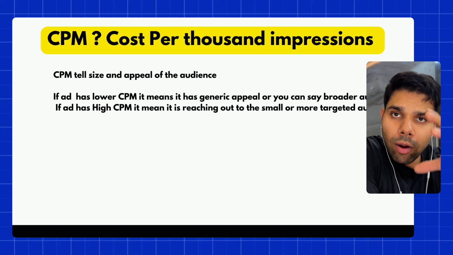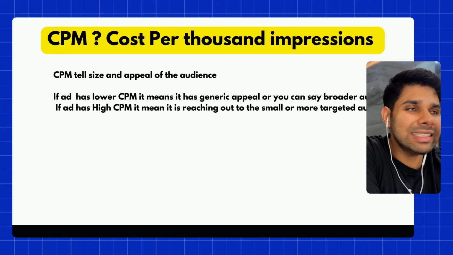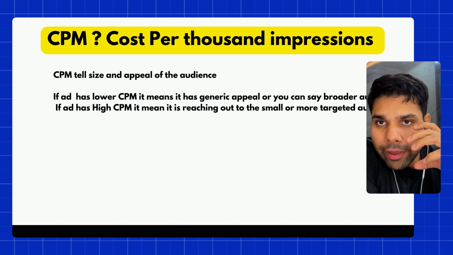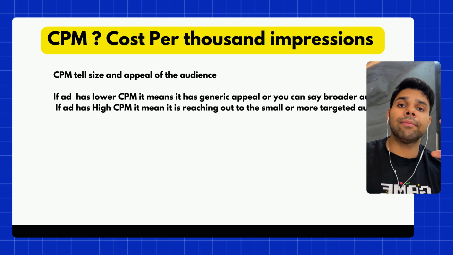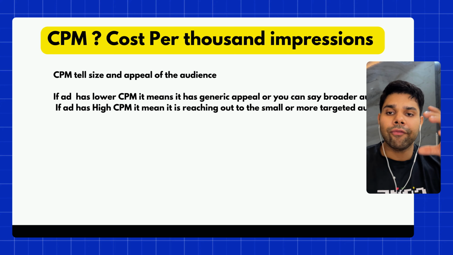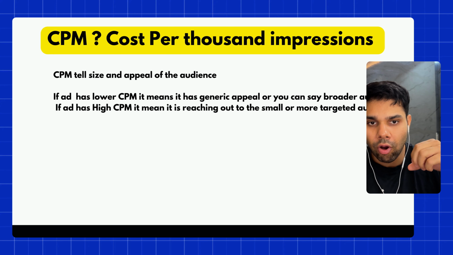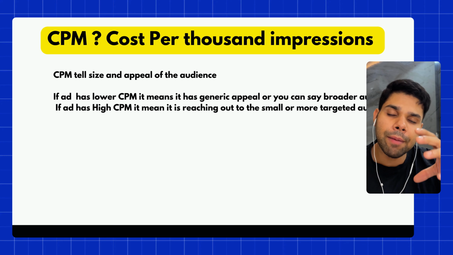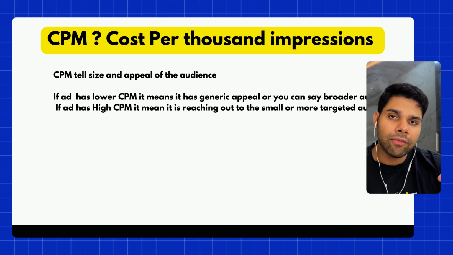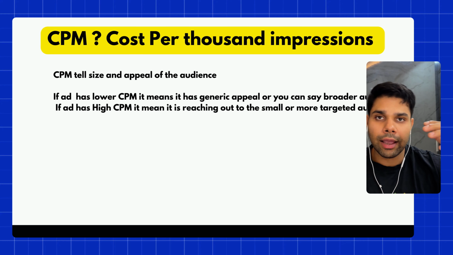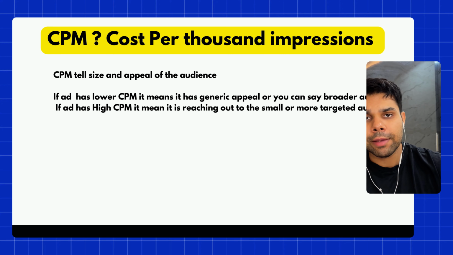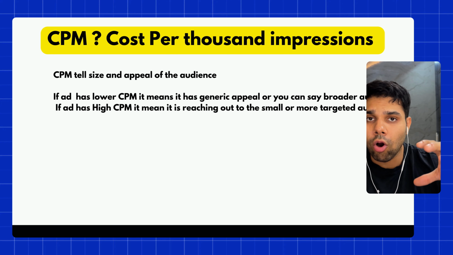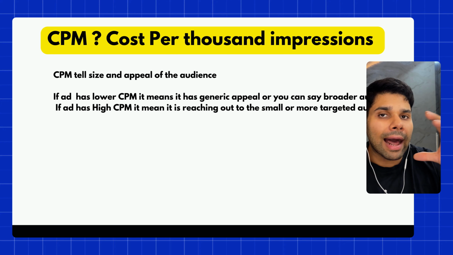So from this point, now see CPM as a metric that tells you if your CPM is high, if it is above your general, your average CPM, it means it is reaching out to small audiences, or you say more targeted audiences.